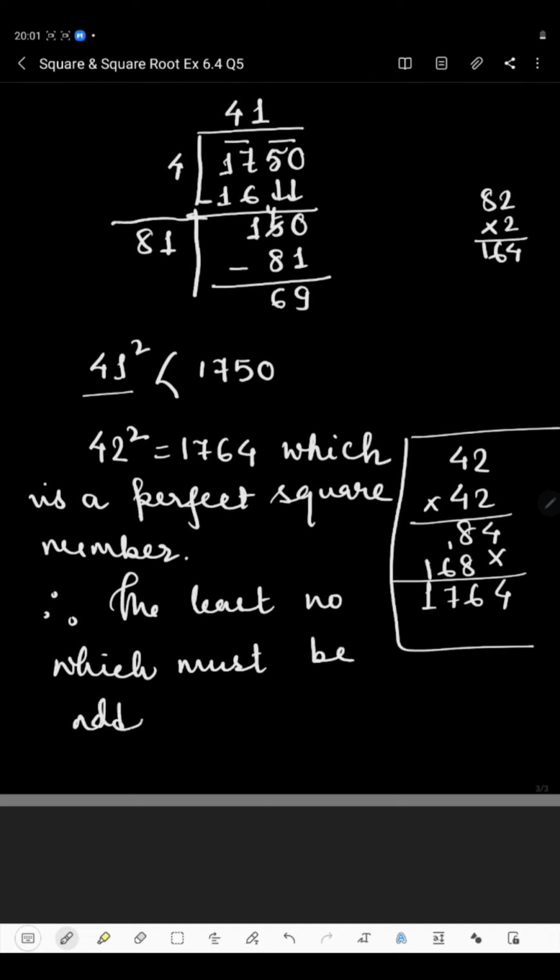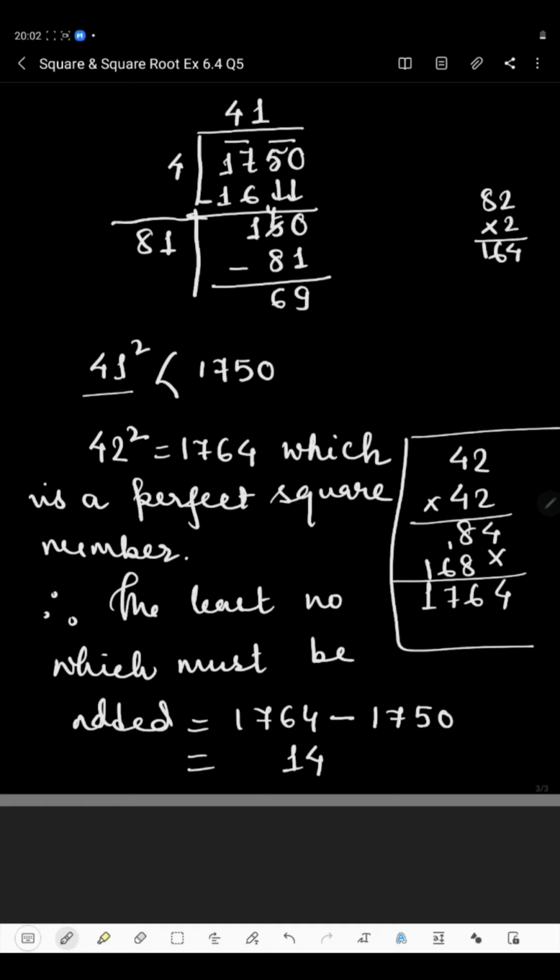So we'll get the number by subtracting from this perfect square number, which is 1764, minus 1750. So the number is 14. So 14 should be added to 1750 to get a perfect square number, which is 1764.